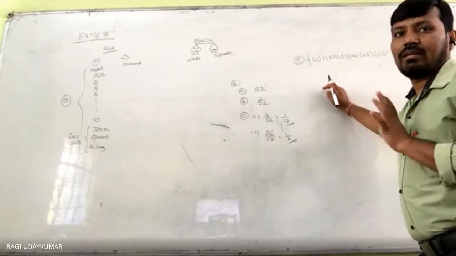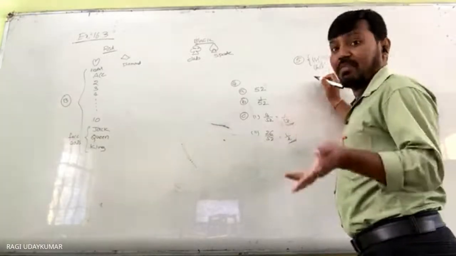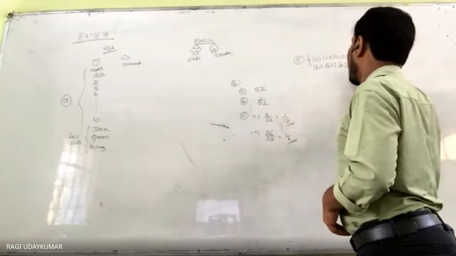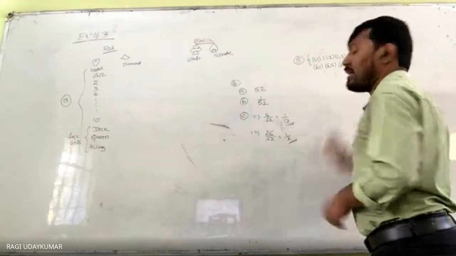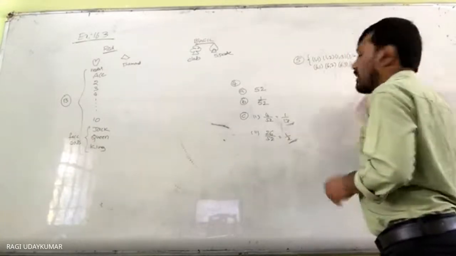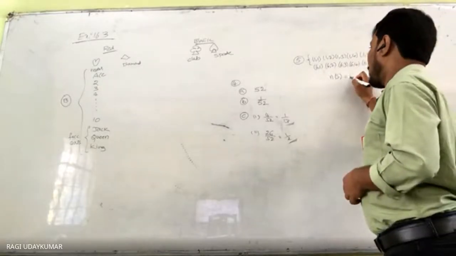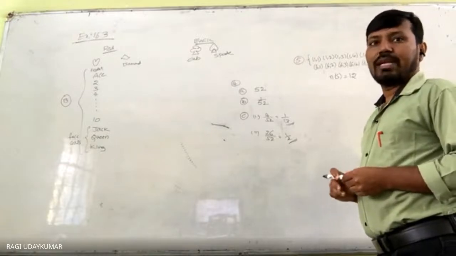And 6 is there on the other side: 6 comma 1, 6 comma 2, 6 comma 3, 6 comma 4, 6 comma 5, 6 comma 6. It is not necessary to write the sample space, but to understand easily, I am writing it. How many elements will be there in total? N of S is equal to 12 elements in the sample space.